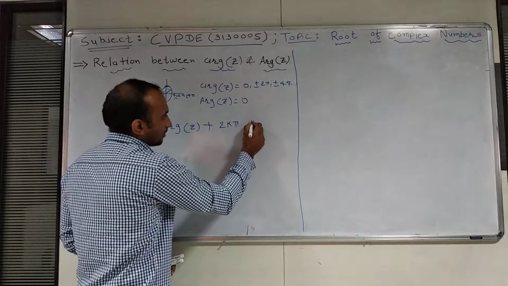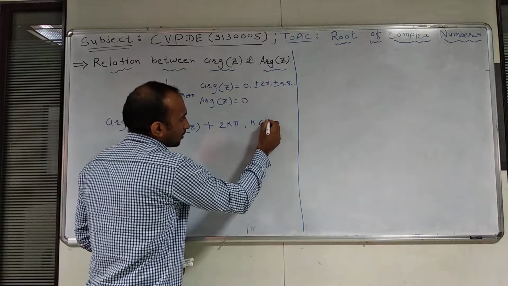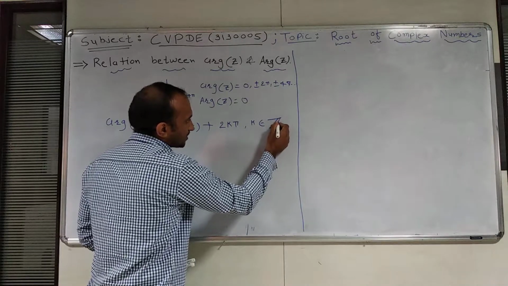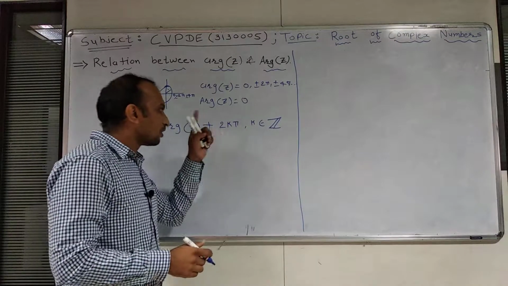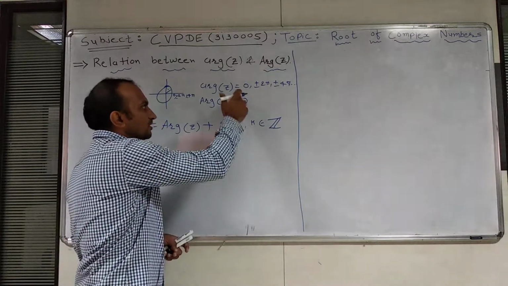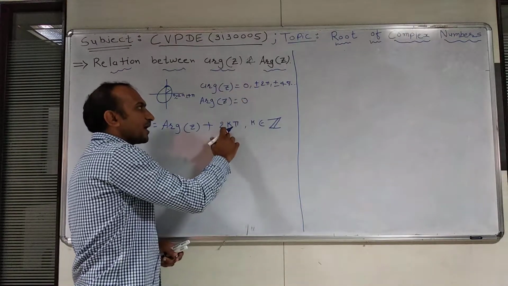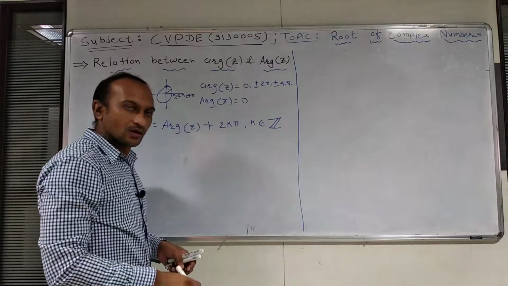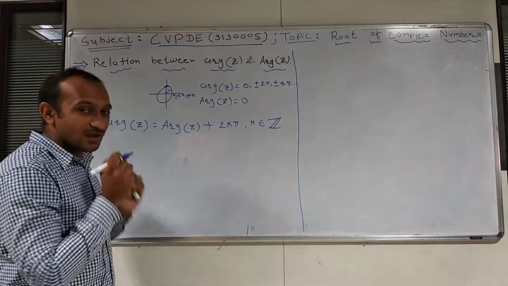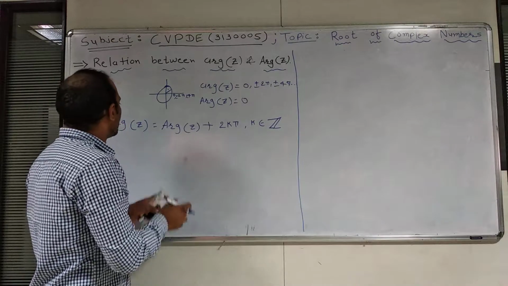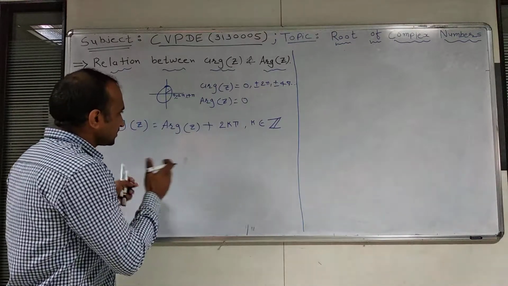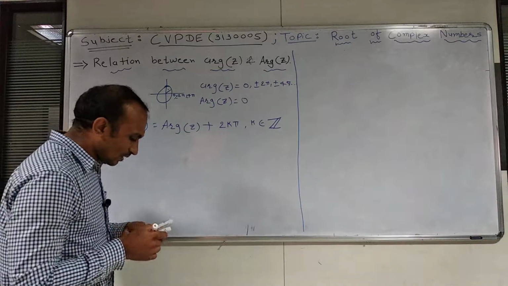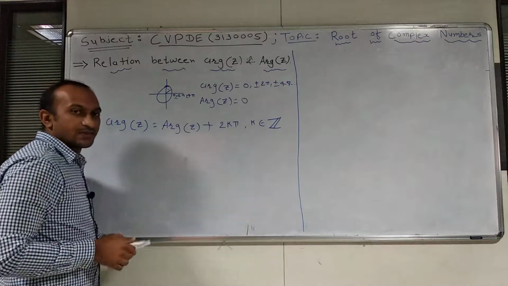Here k belongs to the set of integers Z. K is always an integer. If we put 0, then both are equal. If we put minus 1, then this is minus 2 pi. Similarly, we can find the simple argument of any complex number by using the principal argument. So this is the relation between simple argument and principal argument.